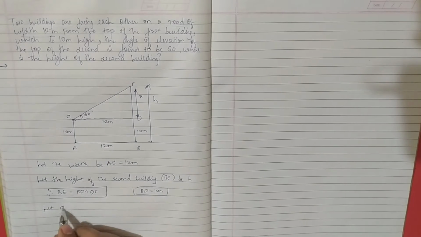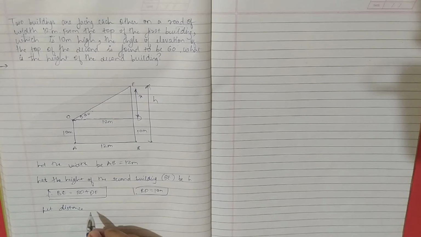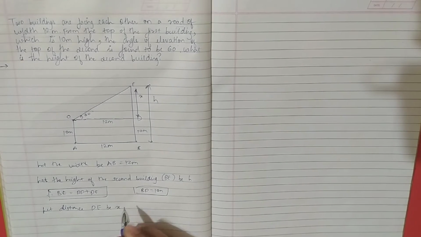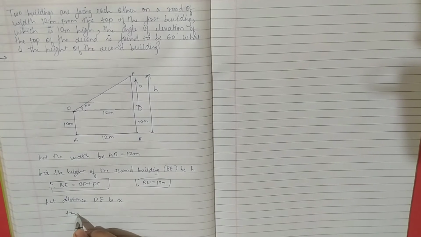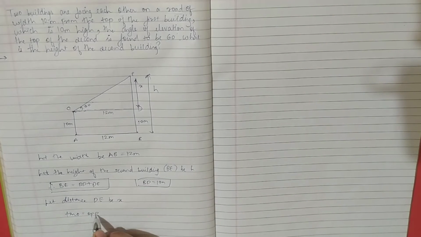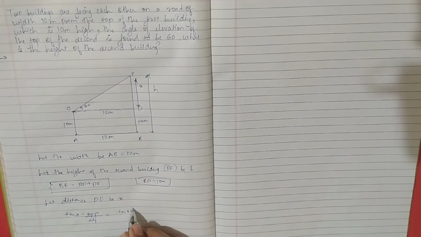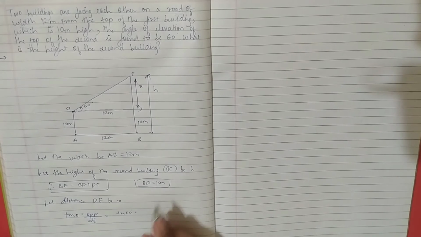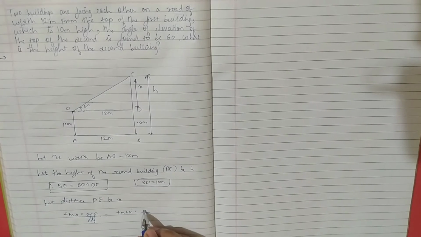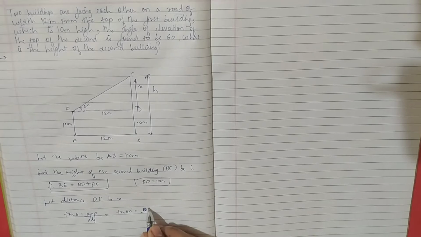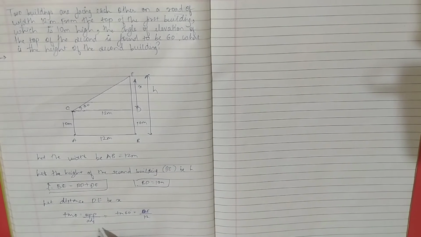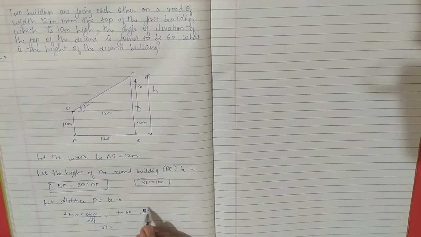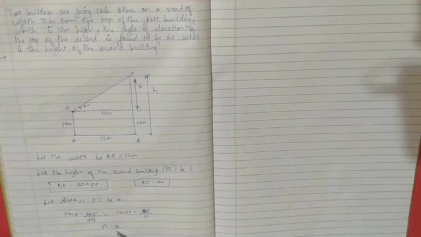Now we know tan theta is opposite upon adjacent. So tan 60 will be the opposite side, which is X, which is DE, upon the adjacent, which is 12. Tan 60 is root 3. So root 3 will be equal to X upon 12.